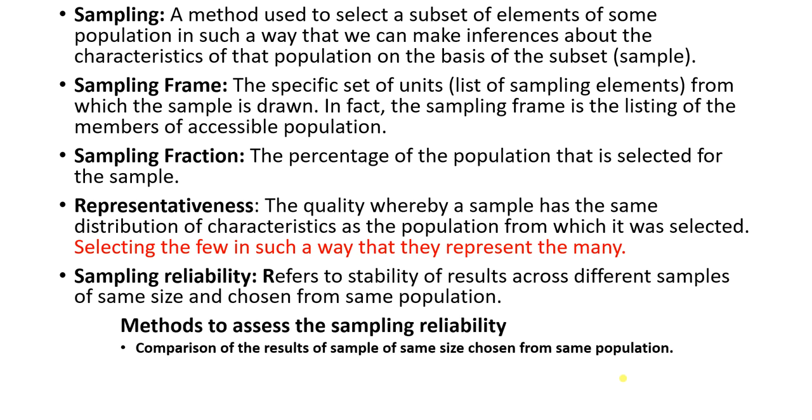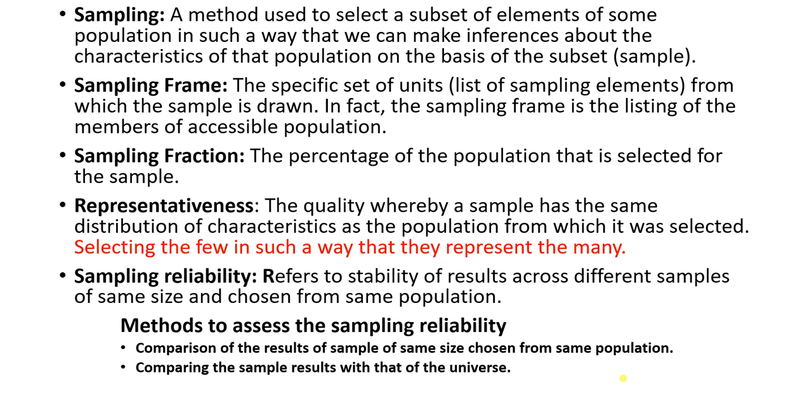For example, we can compare various samples of the same size chosen from the same population. And if on average the results are similar, almost close, we can say that there is a high sampling reliability. Another way is comparing the sample results with that of the universe or the population.